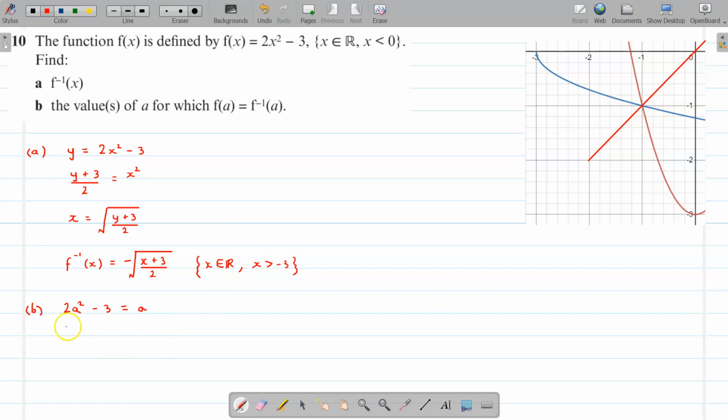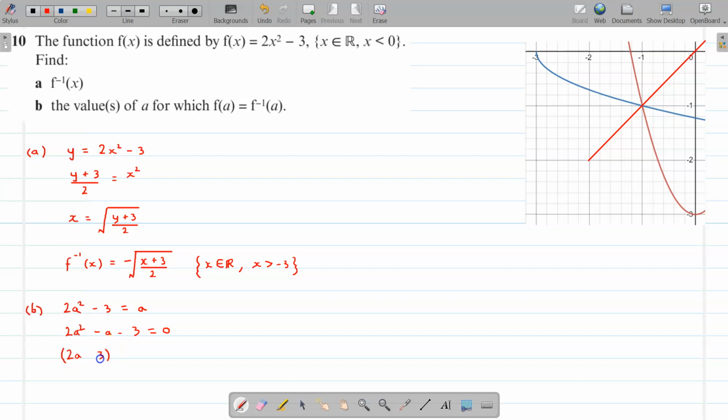So if you solve this equation, you'll get 2a squared minus a minus 3 equals 0. You will then factorize that, and hopefully notice that it will factorize like this.